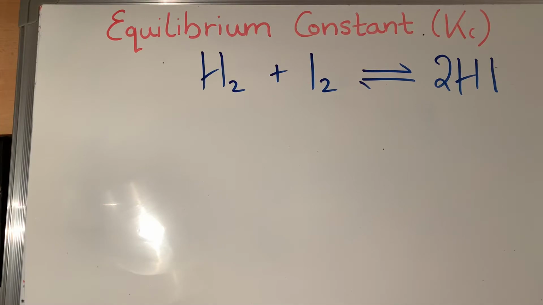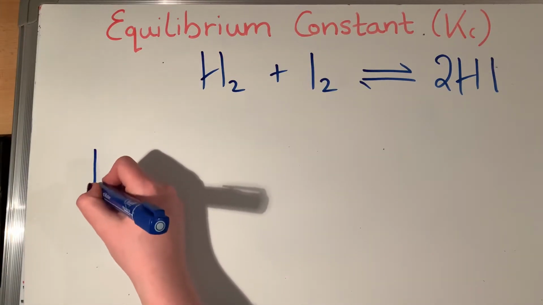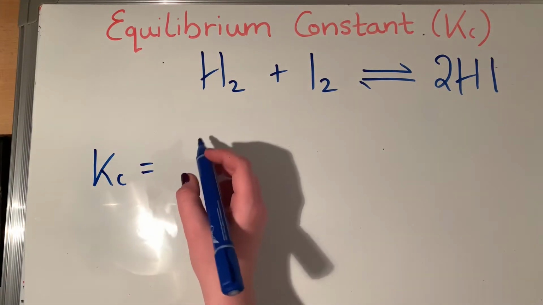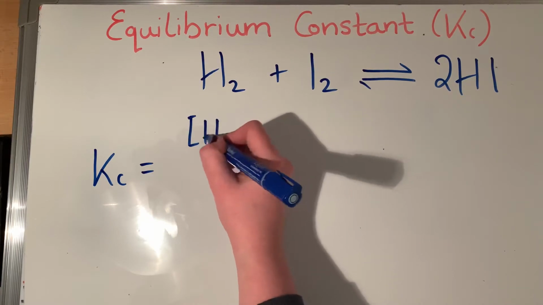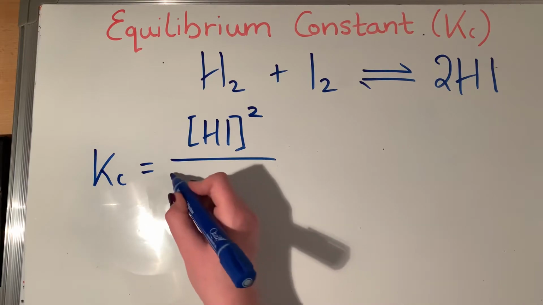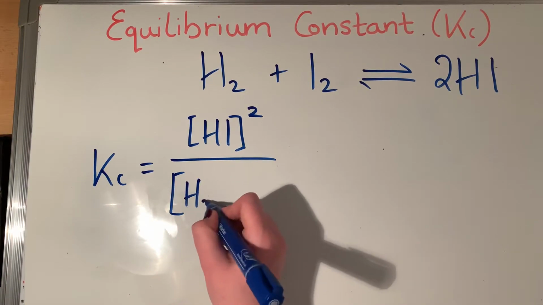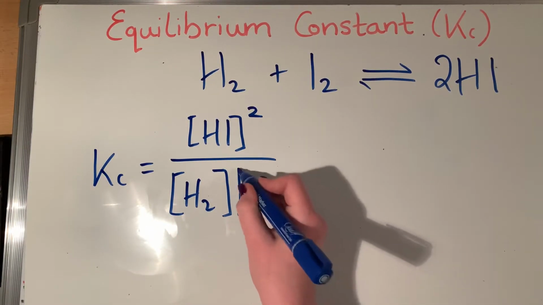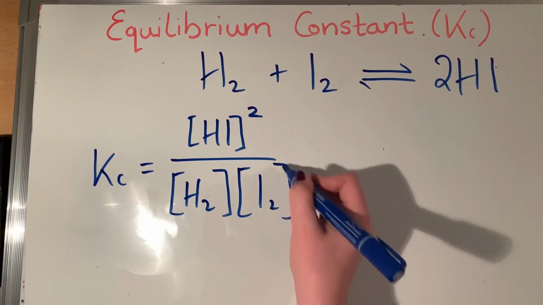So in order to work out the units, we'll first work out the equilibrium constant expression. So again, Kc is equal to square brackets HI to the power of 2 over H2 times I2. So that's our equilibrium expression.